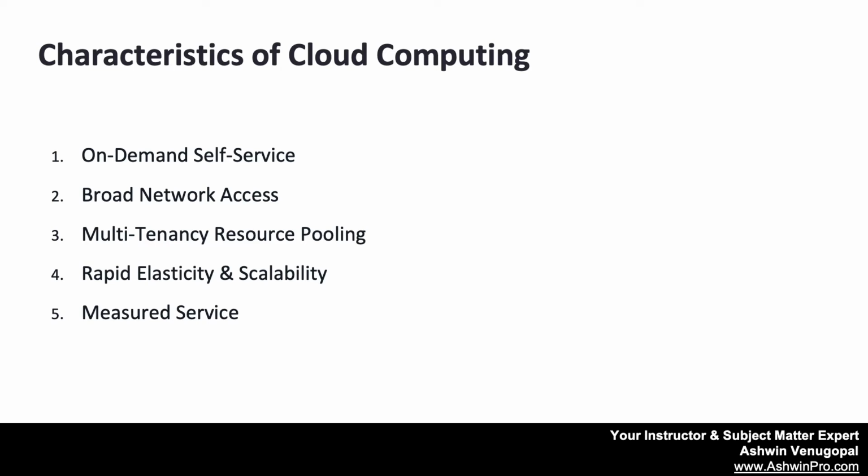requirements. Now, the fourth characteristic of cloud computing is rapid elasticity and scalability. One of the great things about cloud computing is the ability to quickly provision resources in the cloud. And if you want to remove them, it's also as quick as possible.